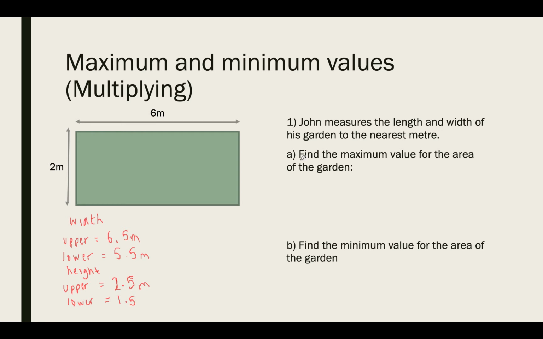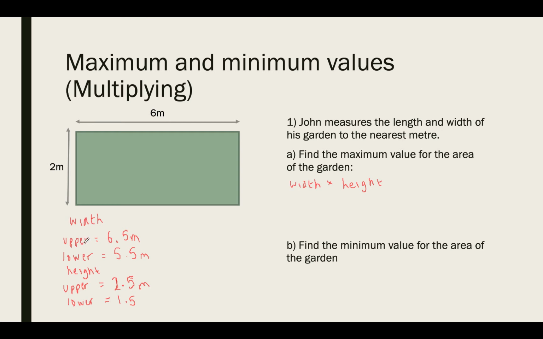So if you have a look at question A, it says find the maximum value for the area of the garden. Now, to find the maximum value, we have to multiply all the upper bounds we can. And we know that to find the area is width times height. So to find the total area of the garden, and we want it to be the maximum value, we have to use both upper bounds.